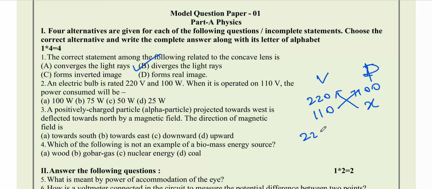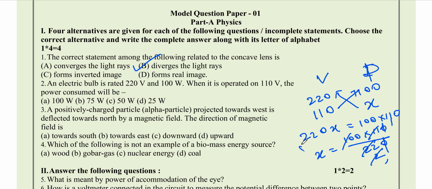Then what happens? 220x is equal to 100 into 110. Then x is equal to 100 into 110 divided by 220. Followed? The zeros get cancelled. 11 ones are 11, 11 twos are 22, 2 ones are 2, 2 fives are 10, 0 as it is. 50.